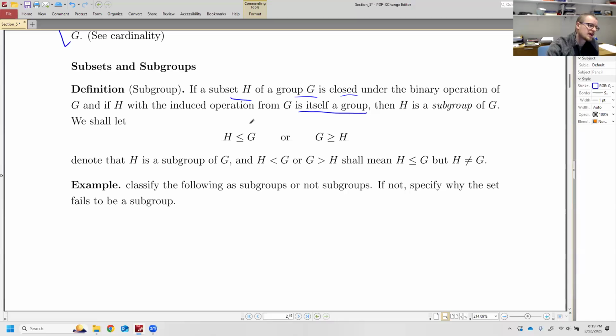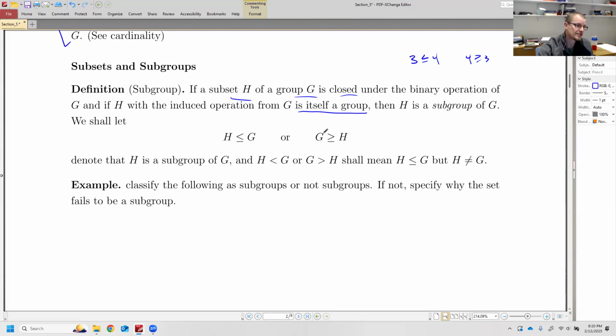So we can write that as H. This looks like the less than or equal to symbol, and that's perfectly fine. H is a subgroup of G. Or G is greater than or equal to H, just like we can talk about 3 is less than or equal to 4, and 4 is greater than or equal to 3. Both of these can be read as 3 is less than or equal to 4.